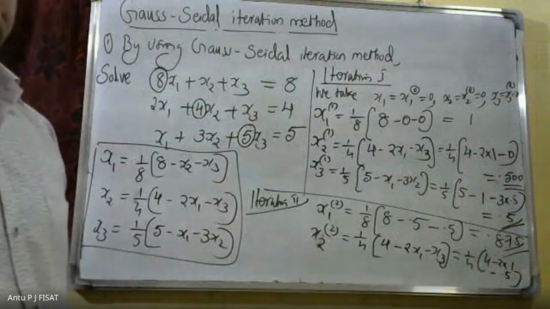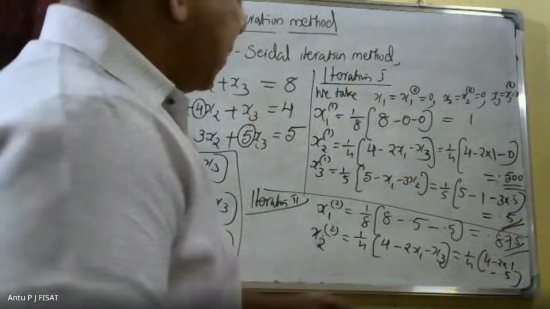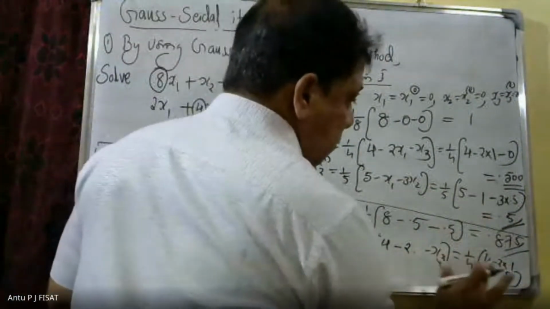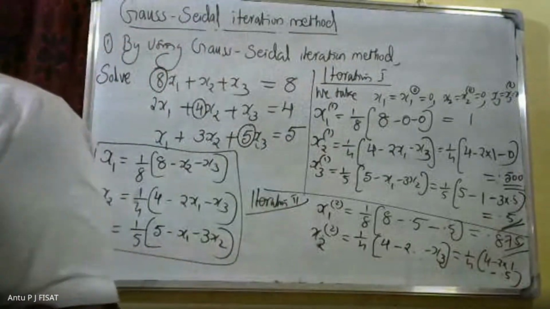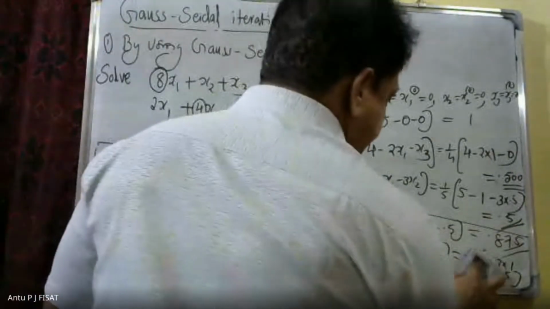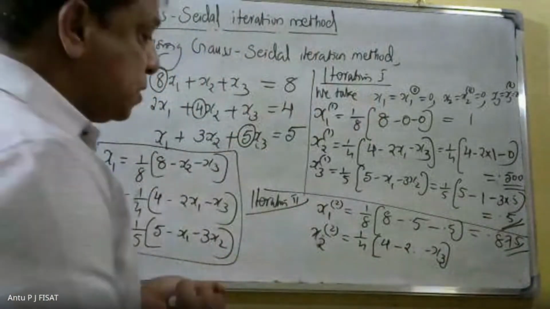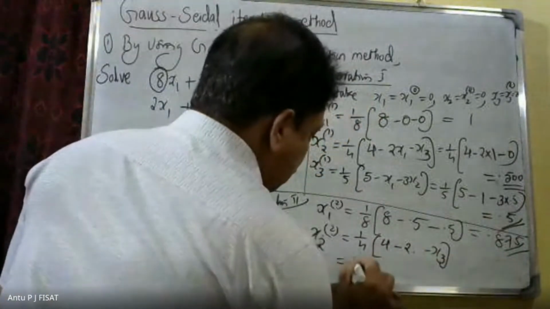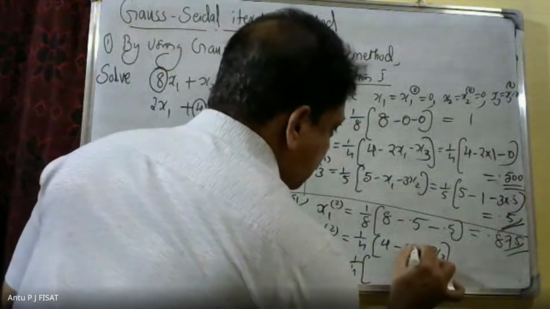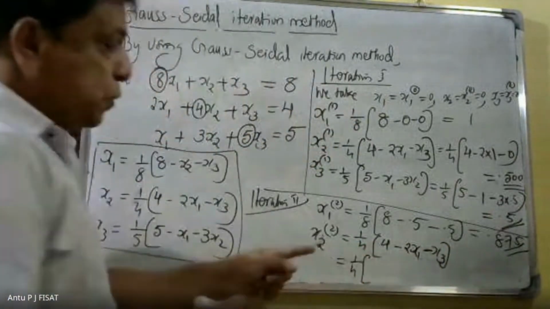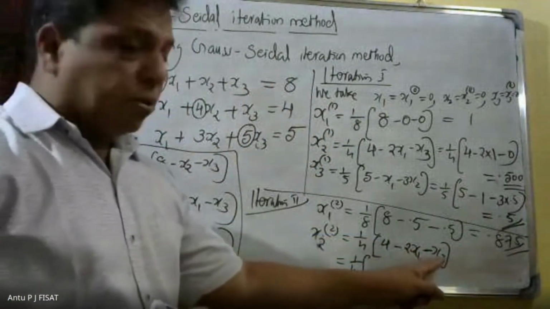Now x2 is equal to 1 by 4 into 4 minus 2x1 minus x3.